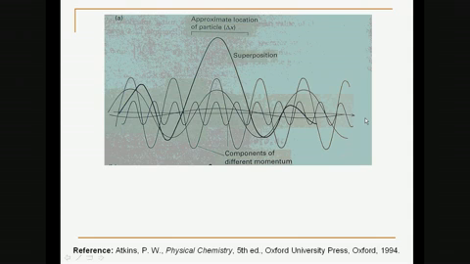So if we superimpose all these sine functions, we get something that looks like this one here, the one in bold black color. And what it shows us is the approximate location of a particle, which we show with delta x. Remember that each of these sine functions can be the wave function of some particle in this one-dimensional world along the x-axis.